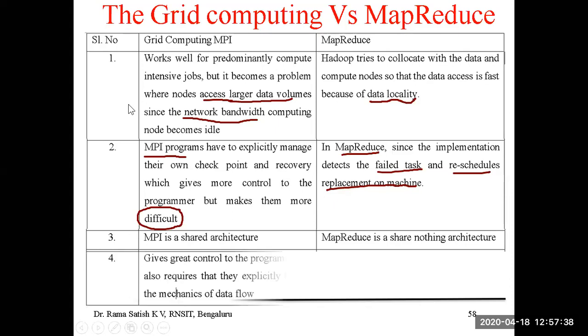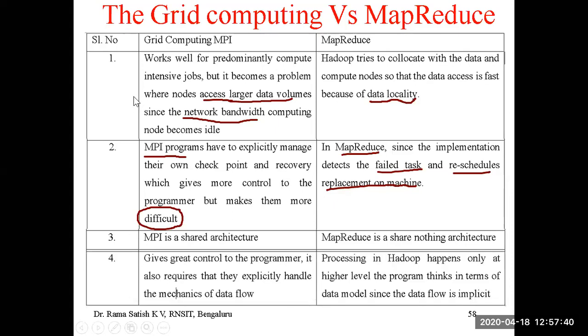And the last point about the differences between grid computing and MapReduce is that grid computing gives great control to the programmer, and it also requires explicit handling of data flow. Explicit handling of data flow is not so easy when you are working with parallel processing.